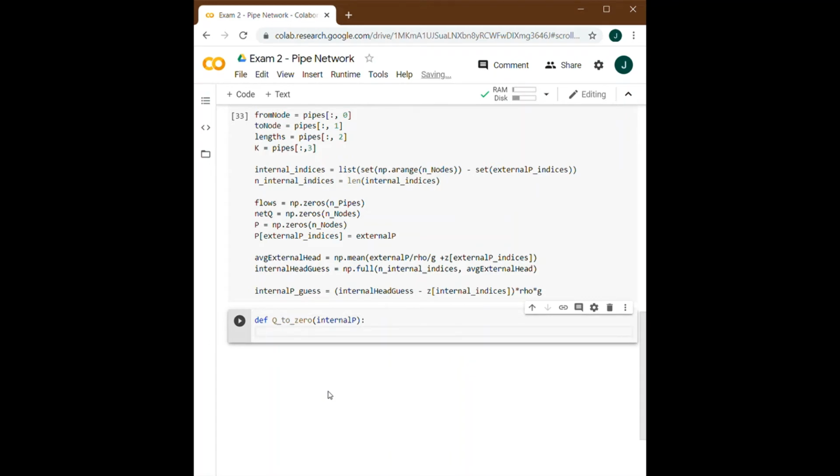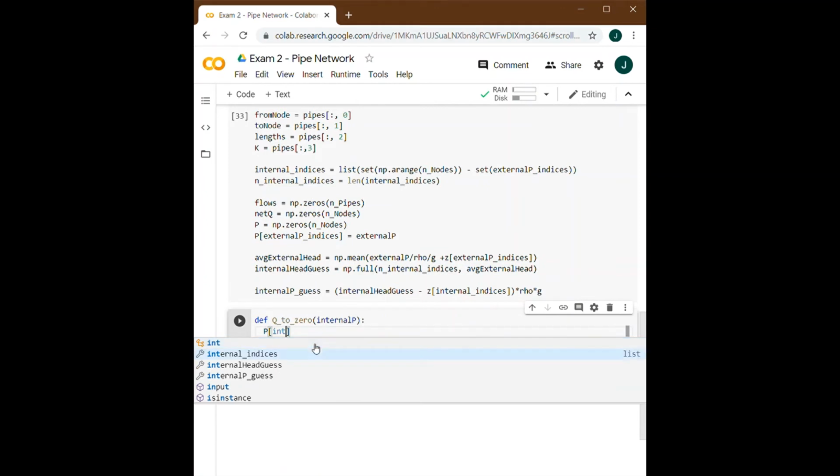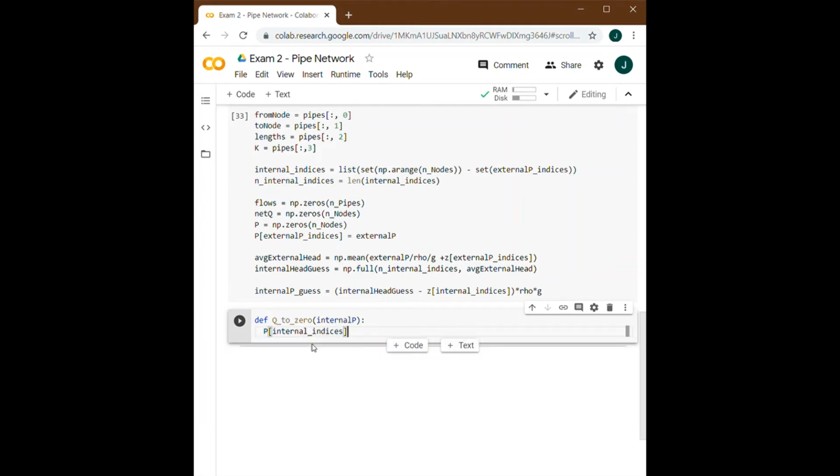So what we're going to do is take this internal P and put that in as our internal values in this array up here. So we got P internal indices is going to be equal to our internal P, which we get from our input of this function.